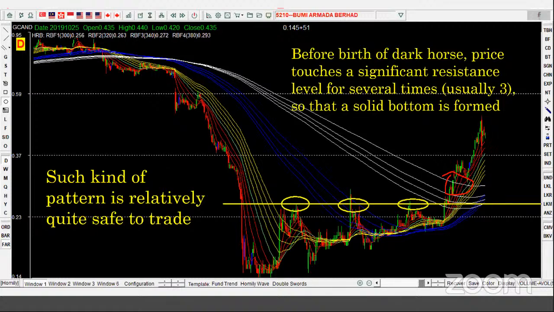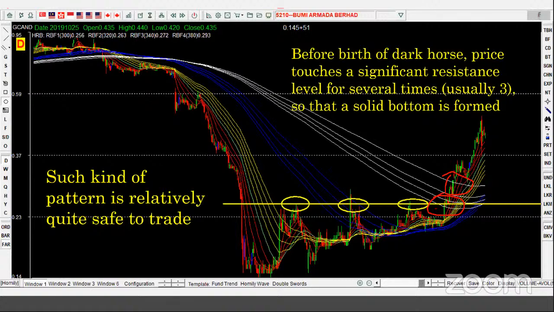Before the birth of the course, we see a consolidation area, a sideways platform. We have a previous high point, which was touched 3 times. Finally, the price breaks up the consolidation area, and then we have the birth of the course.